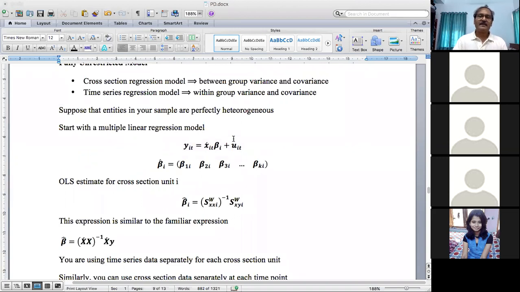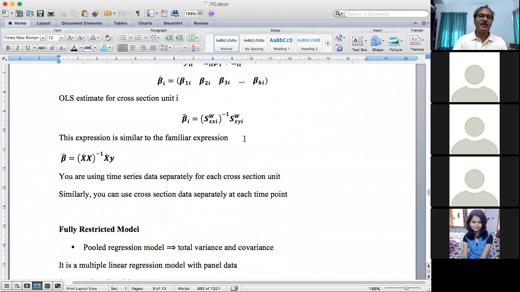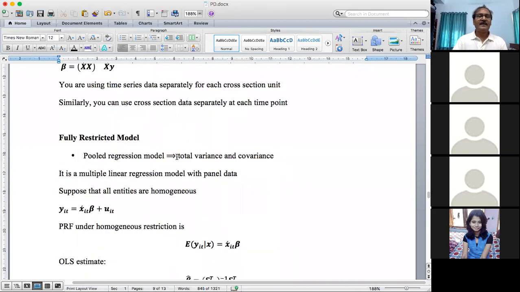But in this second type of model, we are imposing a restriction. The restriction is that all countries are perfectly homogeneous. So there should be only one MPC representing all countries together.